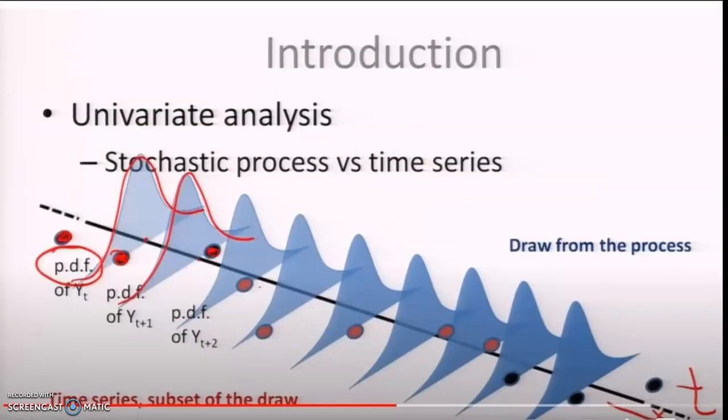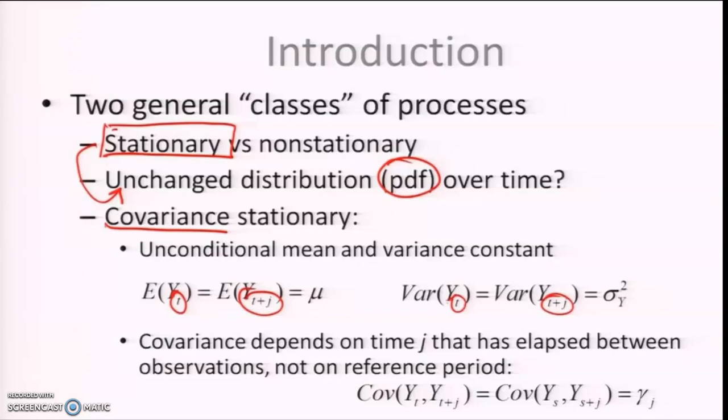And you may look at this. Here in this diagram, the probability distribution function remains constant over time. So if this is the case, then the time series is known as stationary. But if the probability distribution function changes over time, then the series is known as non-stationary.